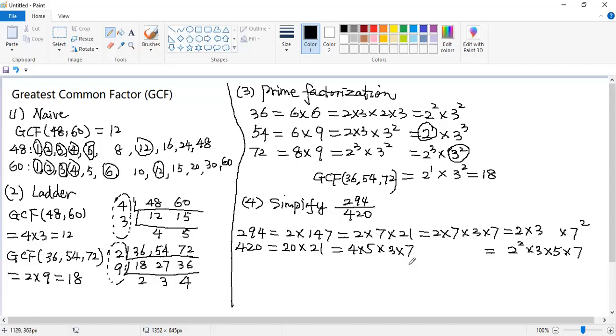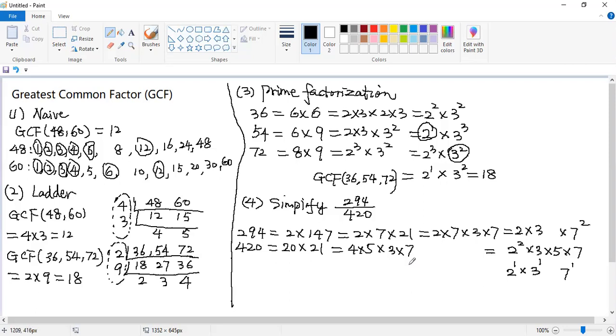You see the prime factors common to both numbers are 2, 3, and 7, not 5. And again, we take the lower exponent. For 2, it is 2 to 1. For 3, again 3 to 1. For 7, 7 to 1.